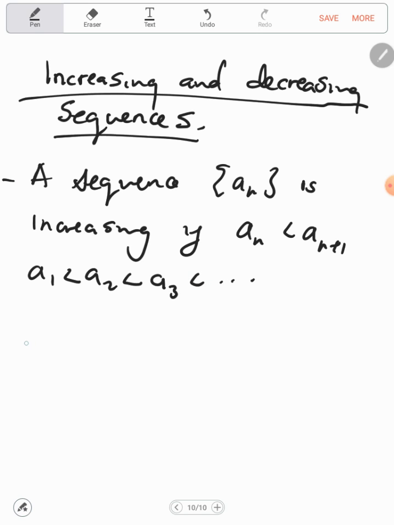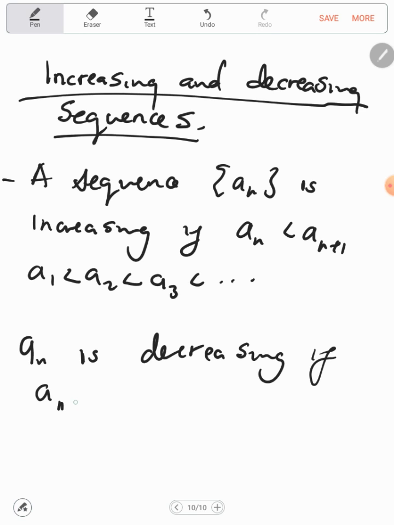And a_n is decreasing if a_n is greater than a_(n+1).